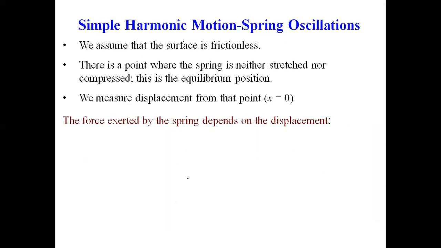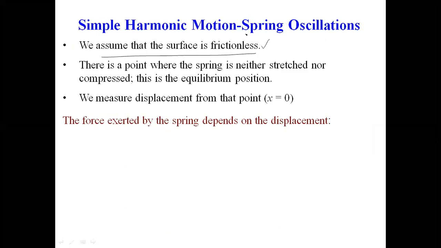Then there are a few assumptions which we'll make while deriving the equation for simple harmonic motion. We assume that the surface is frictionless. First, what is meant by frictionless? That is, there is no damping force. Though we know that in nature no system exists which does not have a damped nature, we are considering the ideal case here.